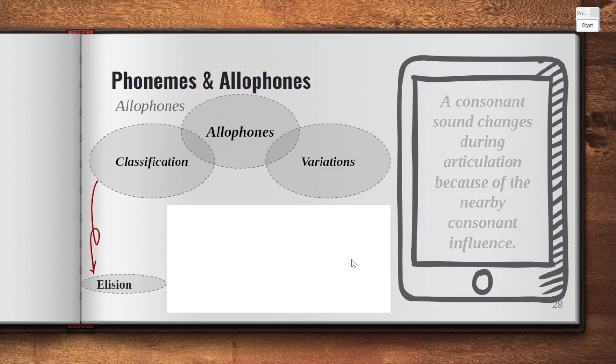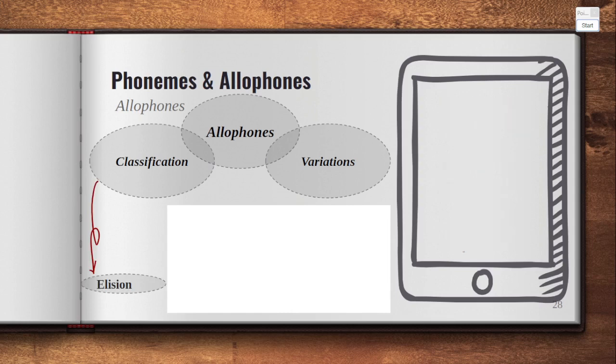Now we have elision. When we talk about elision, we refer to the omission of sounds, syllables, or words in speech. This is done to make a language easier and faster to say. Here we have some examples.